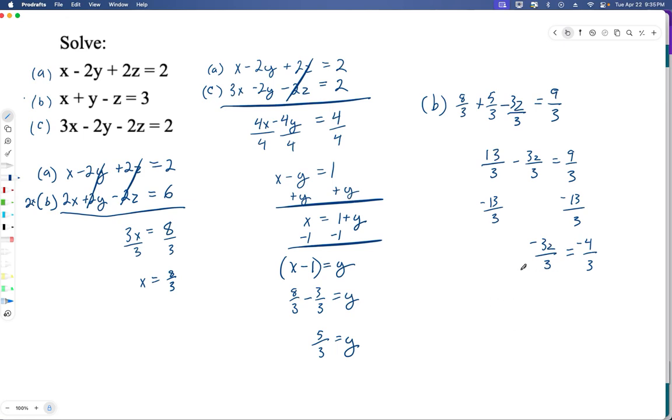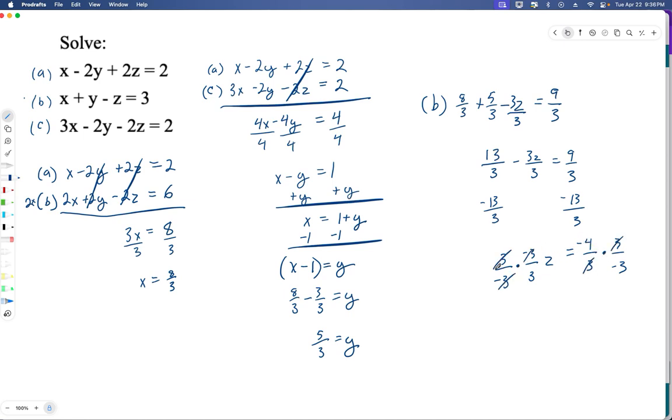Let's rewrite this to make it easier to see what we've got. We've got negative 3 over 3z. I'm going to multiply by the reciprocal. So these cancel.